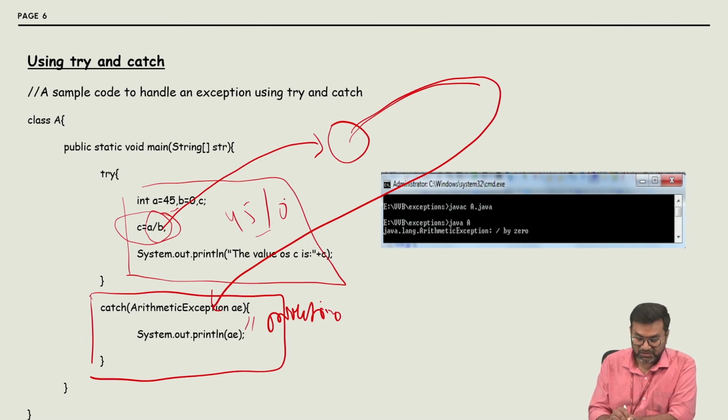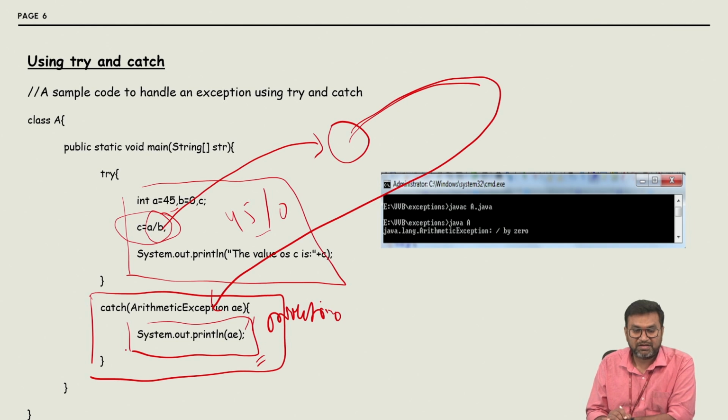So this is the doubtful code, and this catch block is our handler regarding that arithmetic exception. This is how we get the description at the time of execution, because of the statement System.out.println of AE, which gives you this description.